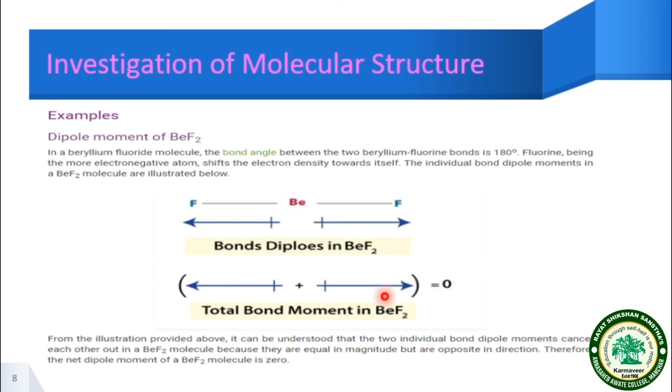So this is a very good example, a linear molecule with a 180 degree angle between the two beryllium fluorine bonds. Similarly, in case of CO2, the two CO bonds also have a bond angle of 180 degrees. So in this way we see how, by using the dipole moment property, the structures of the molecules, in terms of polar or non-polar molecules, can be understood easily.